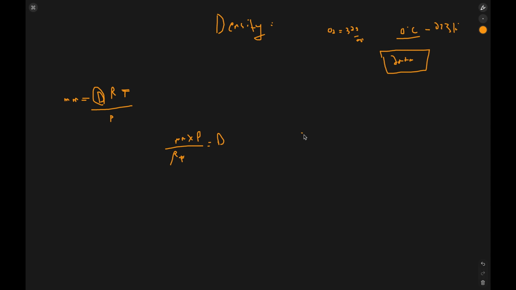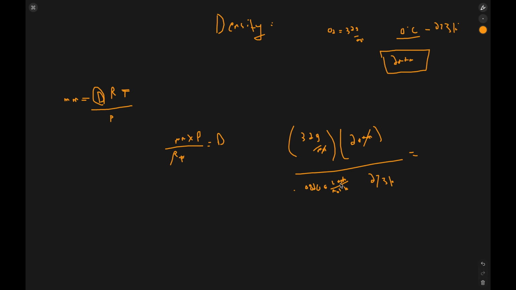Now molar mass, which is 32 grams per mole, times the pressure, which is 2 atmospheres, divided by RT, 0.08206 liters atmosphere over moles Kelvin. That's the units for R, times the temperature, which is 273 Kelvin. Now your atmospheres cancel out, right?